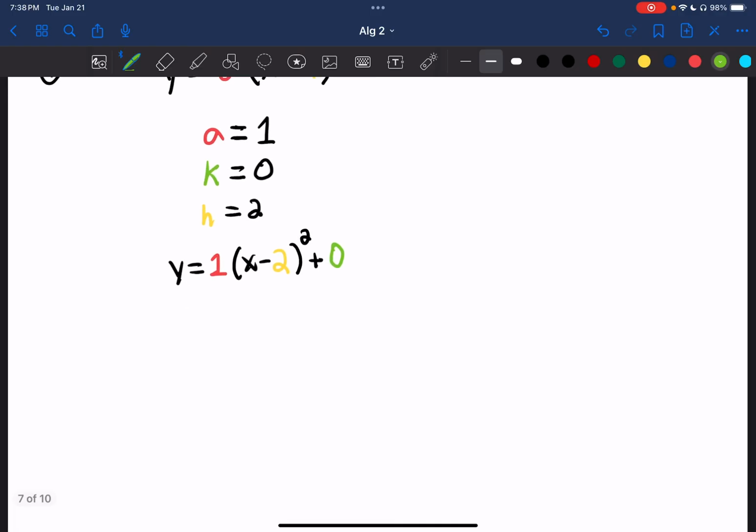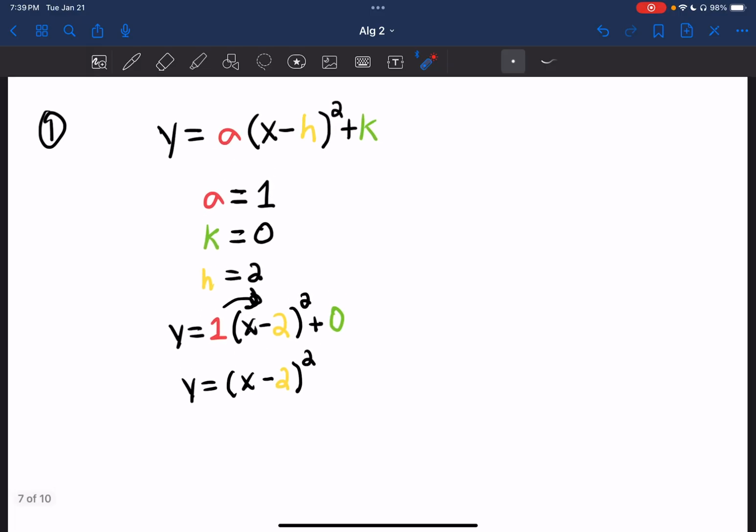And this simplifies quite a bit because we know that 1 times anything is just itself. So (x minus 2) squared times 1 is just (x minus 2) squared. And then if we add 0, we're not changing the value of anything. So (x minus 2) squared plus 0 is just (x minus 2) squared.